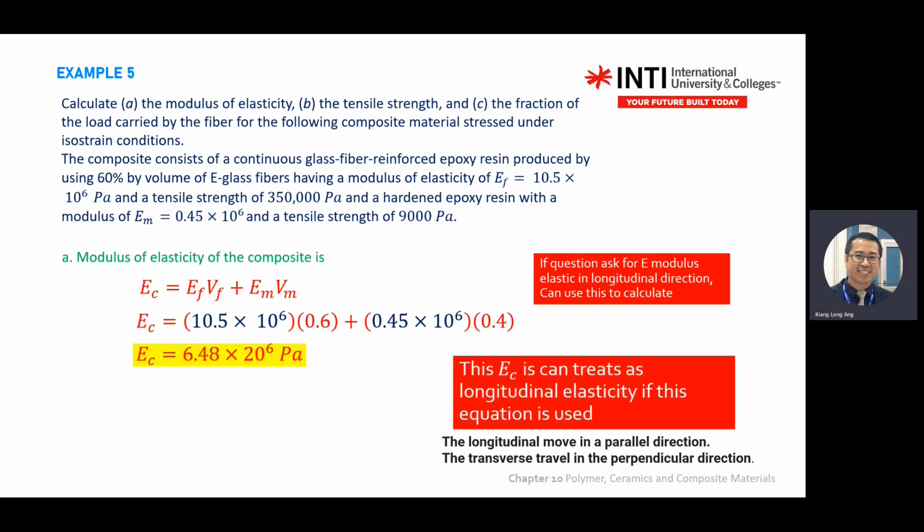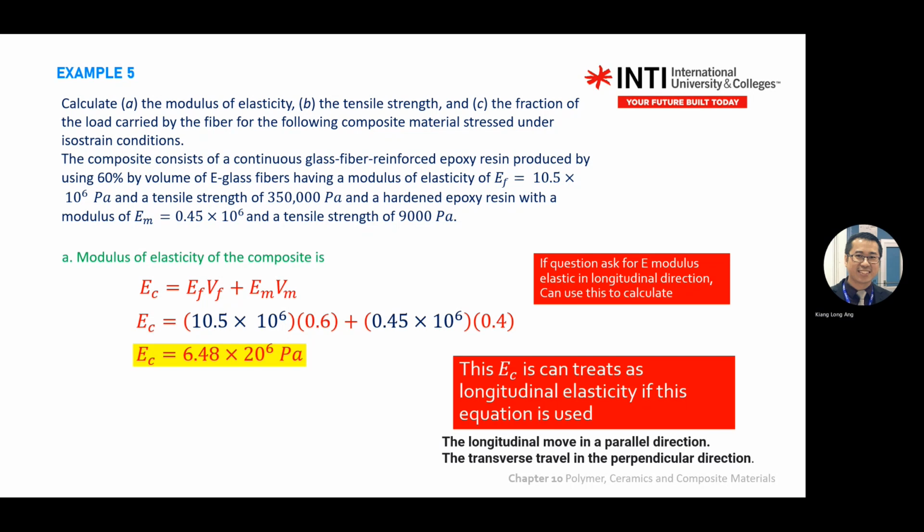Just a highlight here. If the question mentions a parallel direction, then it also means it's a longitudinal question. If the question says the force is acting in a longitudinal direction, then you can use Hooke's law to calculate the force applied.